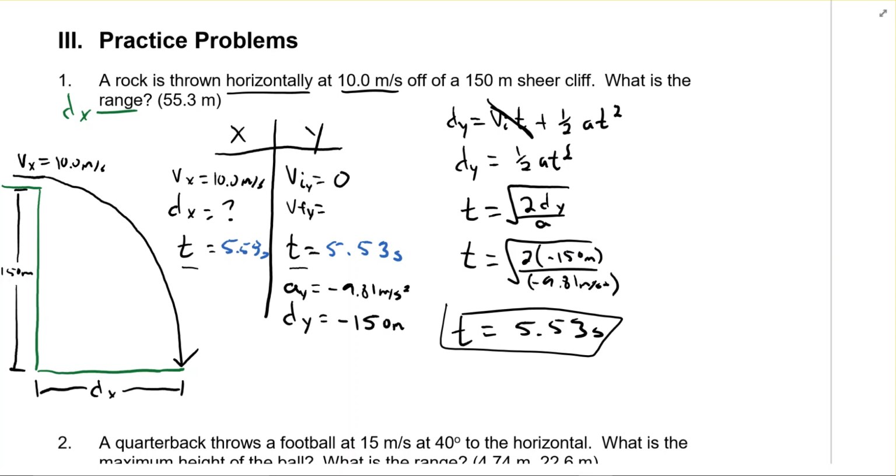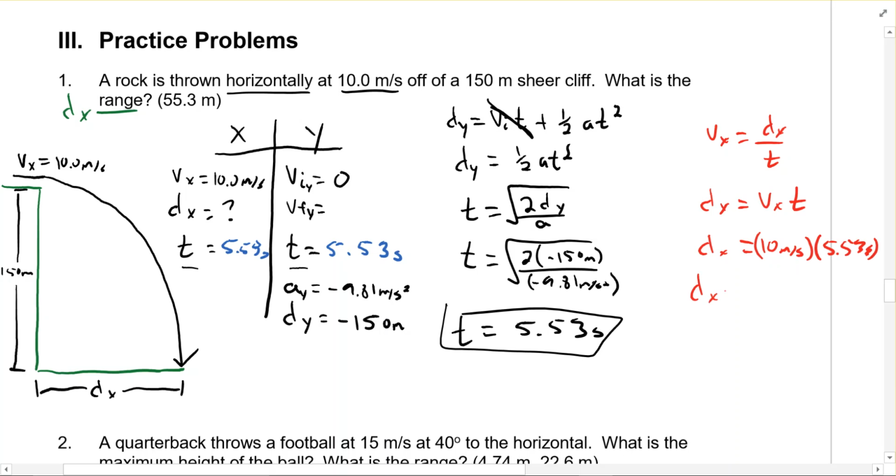So then vx is equal to dx over t. And if I'm looking for dx, that's going to be dx is equal to vx times t. So dx is going to be equal to 10 meters per second times the time we just found of 5.53 seconds. So dx is going to be equal to 55.3 meters. And that's my answer.